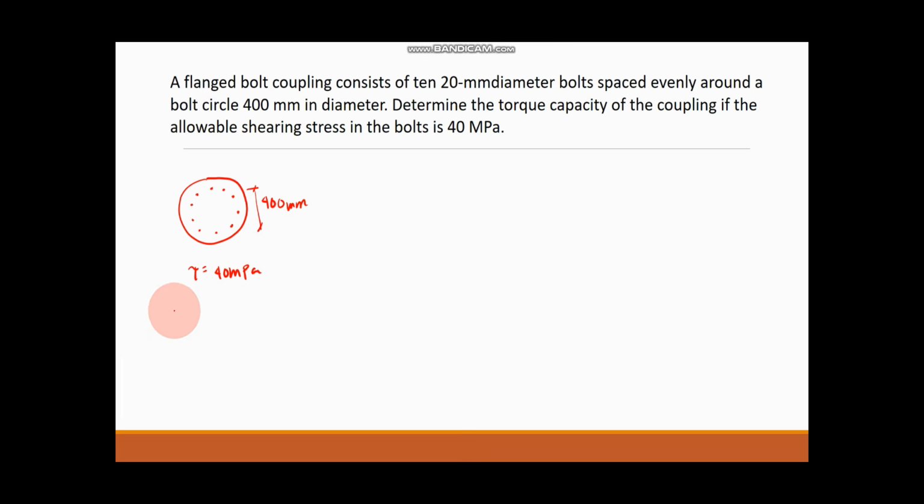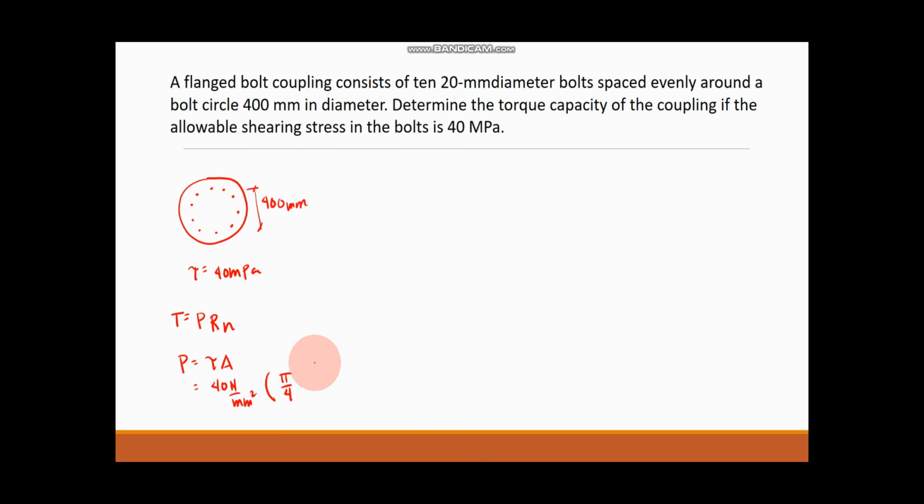So our formula here, the torque is equal to the force multiplied by the radius of the bolt circle multiplied by the number of bolts, in which the force is equal to shear multiplied by the bolt area. So our shearing stress is 40 megapascal or 40 newton per square millimeter, and then the area is pi all over 4.